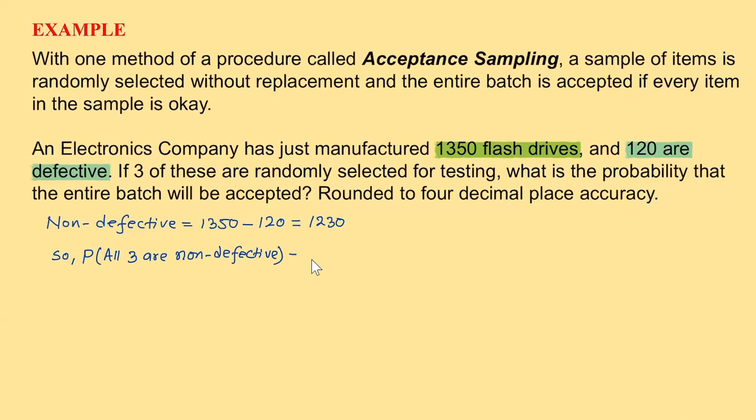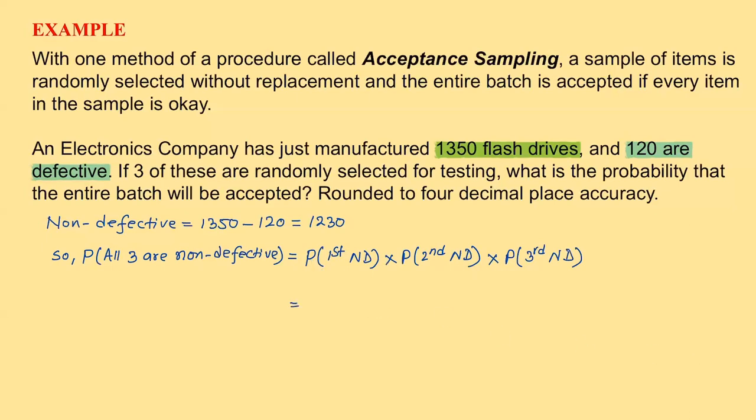Because it involves "and", this is the multiplication rule. So this is the same as the probability that the first is non-defective multiplied by the probability that the second is non-defective times the probability that the third is non-defective.